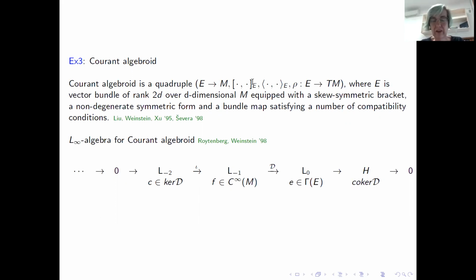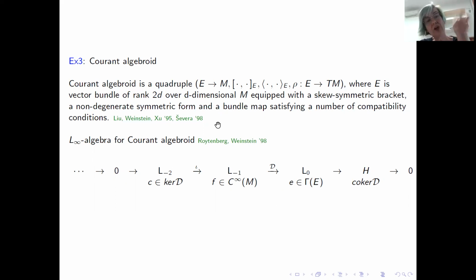Again, I'm working only with the skew-symmetric bracket, a bilinear pairing on the bundle, and a bundle map, the anchor map from the bundle to the tangent space of the manifold. And there is, of course, a number of properties relating the bracket, bilinear pairing, and anchor, which have to be satisfied, and I will not give them here.